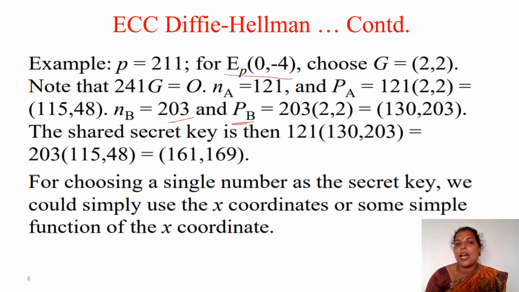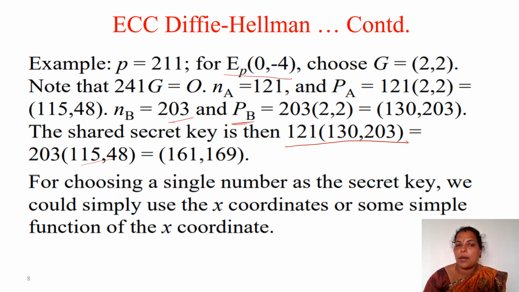So finally we are having the shared secret key, that is 121 into (130, 203) equal to 203 into (115, 48), because both parties are computing a different value, that is nA into PB they are computing, and the other party is computing nB into PA.